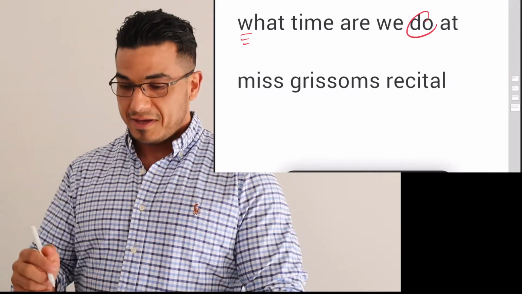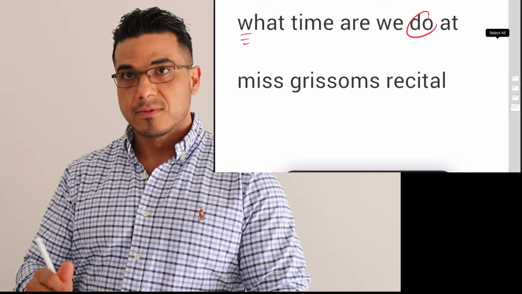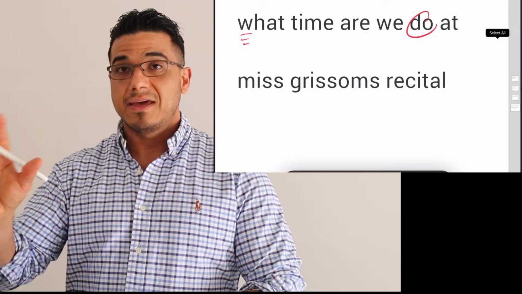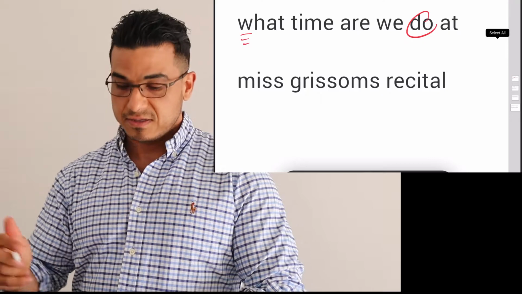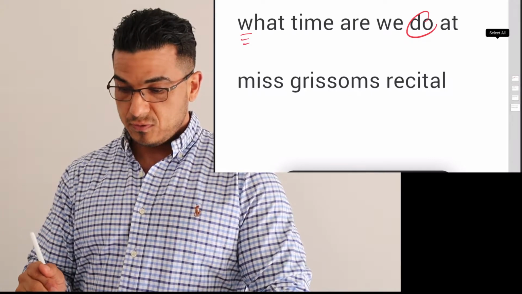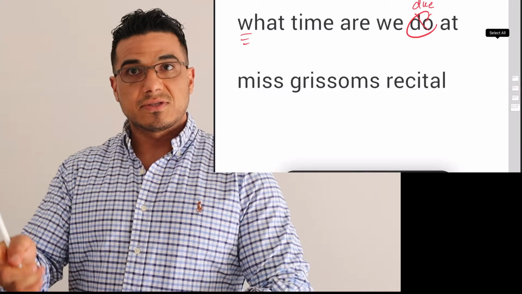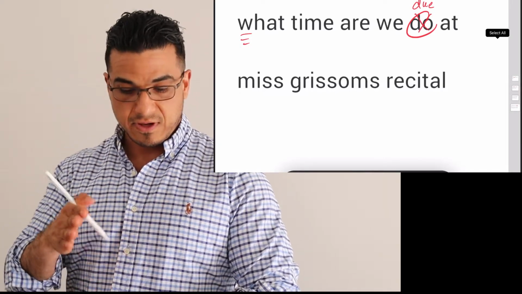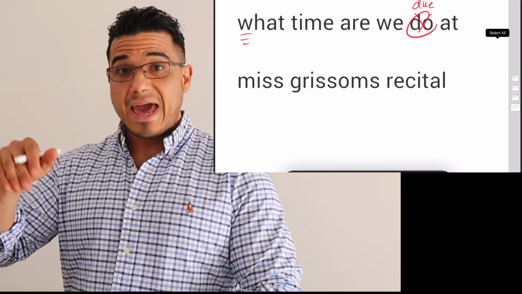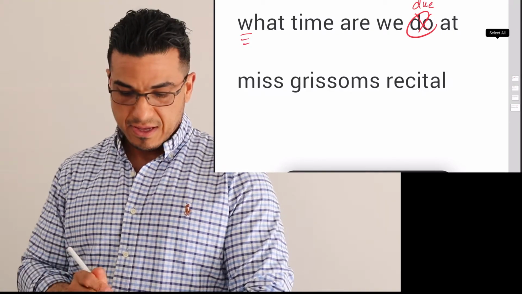Due, again, is a homophone, sounds like another kind of do, spelled very differently and with entirely different meanings. In this case, due, D-U-E, is almost like you are expected. So here we have, what time are we due, meaning expected, at Miss Grissom's recital?